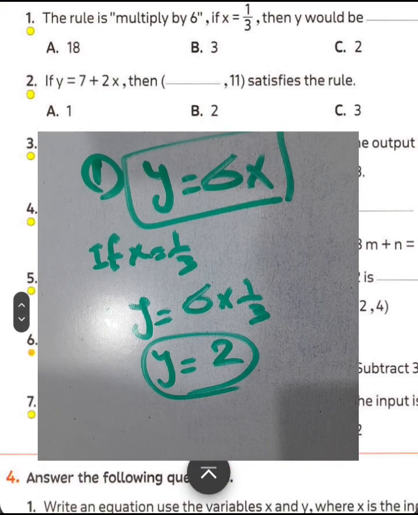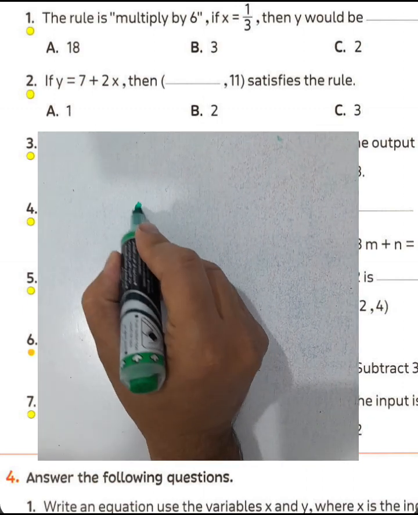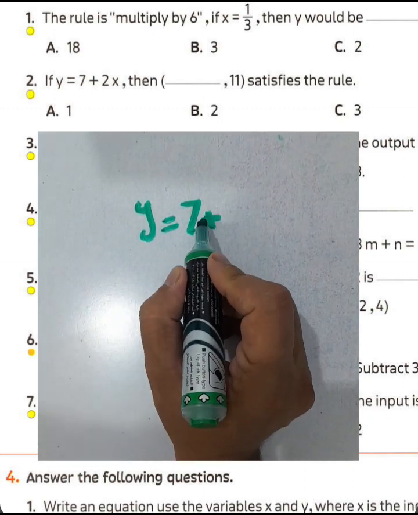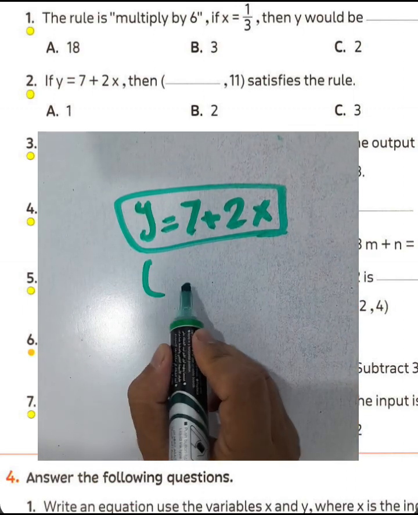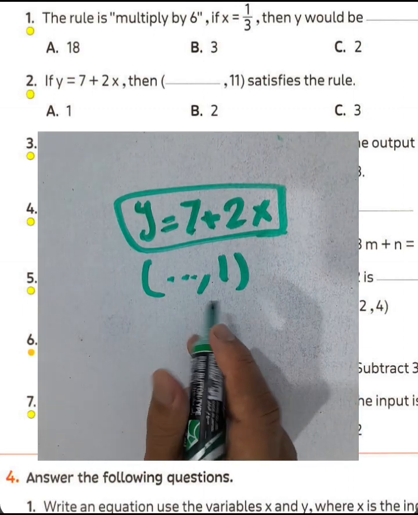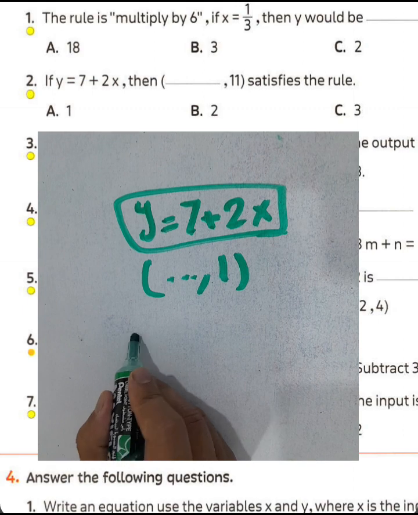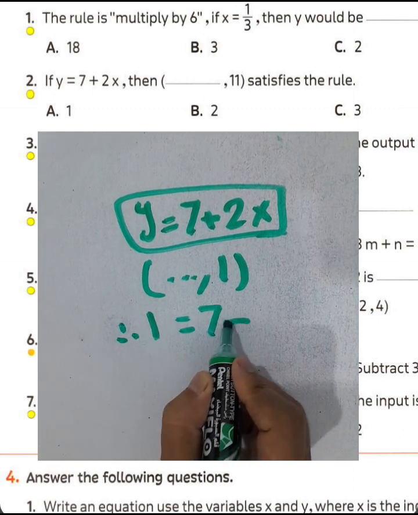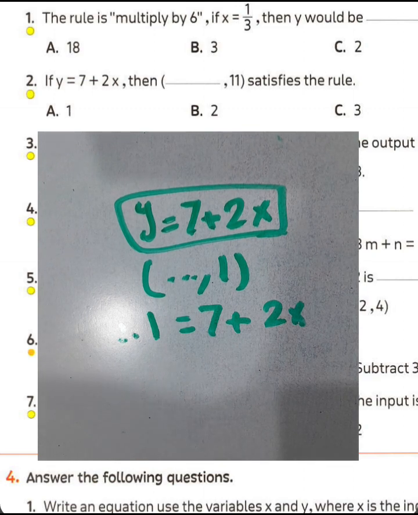Question number 2. If y equals 7 plus 2x, then this point, space and 11, satisfies the rule. We have x and y. You want to find what? x. Put y here equal to 11. Then 11 equals 7 plus 2x. You can find the value.